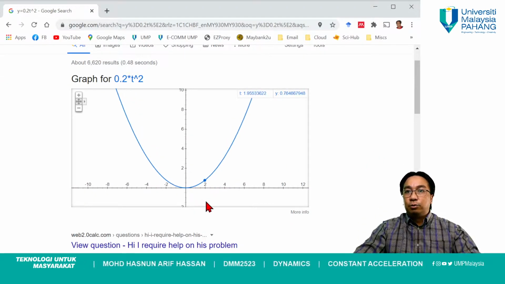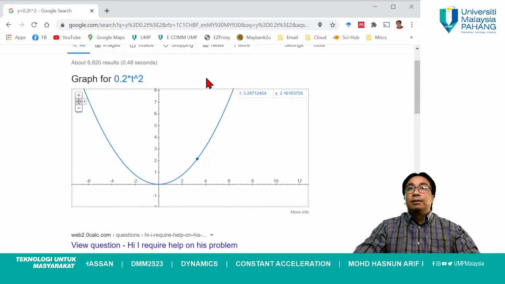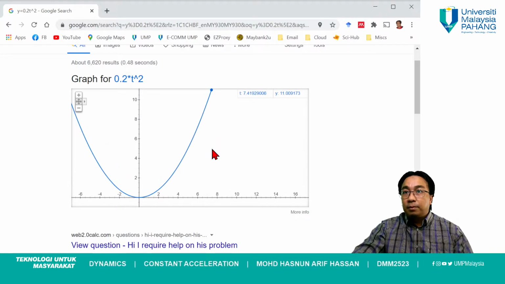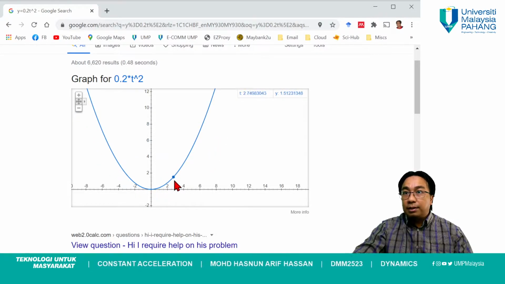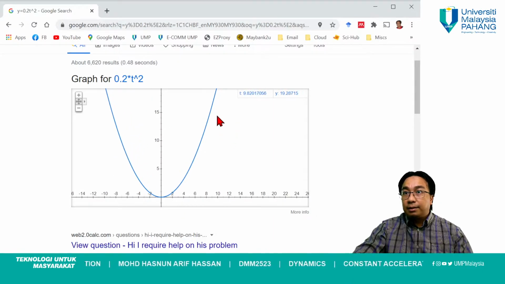So you boleh zoom in atau zoom out, dan you boleh klik dan gerakkan dia. So basically yang kita interested ialah from 0 dekat sini until 10. Mana 10? Okay, 10 lebih kurang somewhere dekat sinilah.